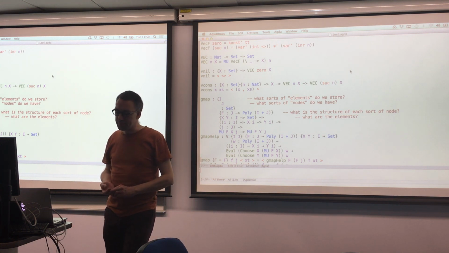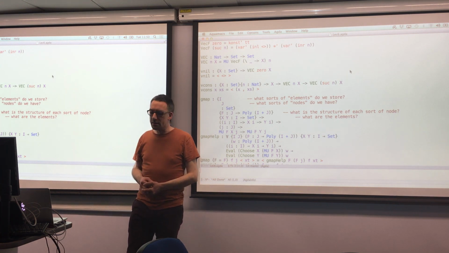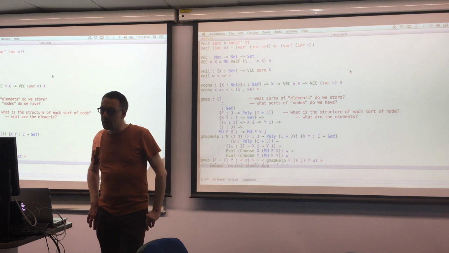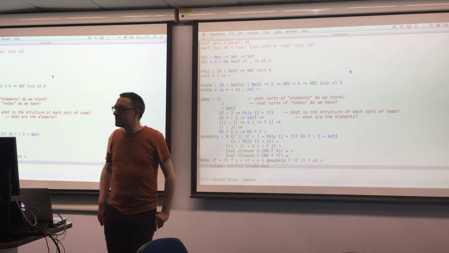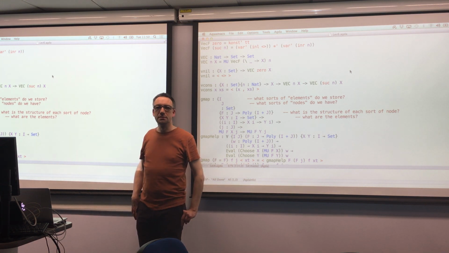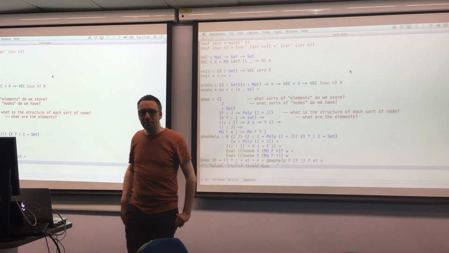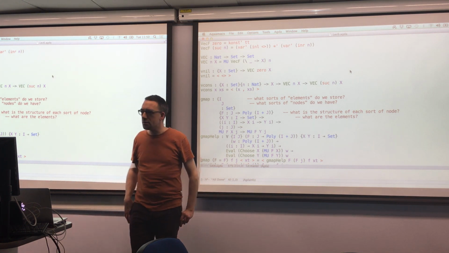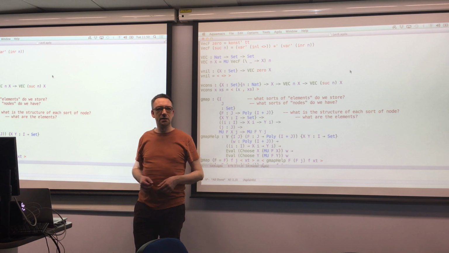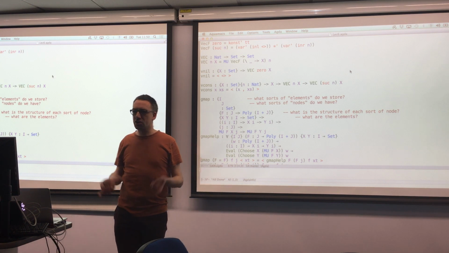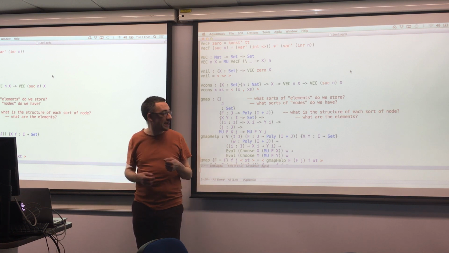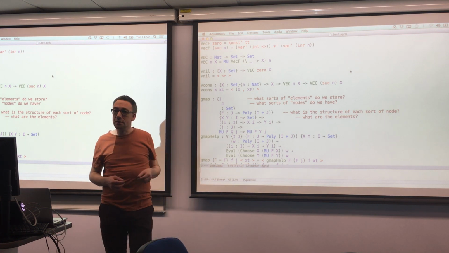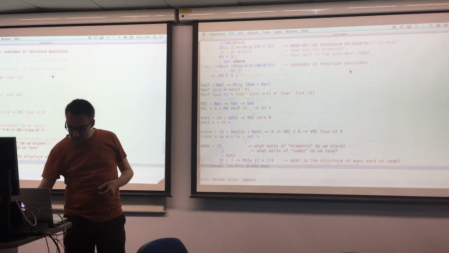So I don't know, maybe in future, I certainly hope we'll get to a stage where when you write a data declaration, what it should really do is generate the code that describes the data type and plug it in to a construction like the one we've seen here.